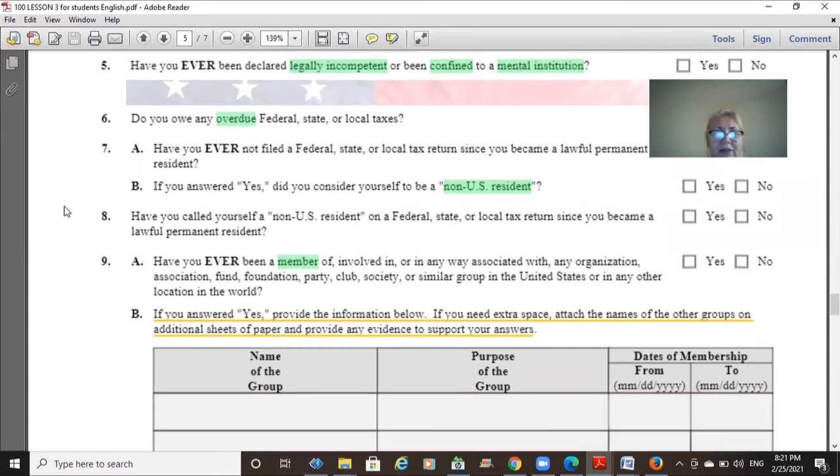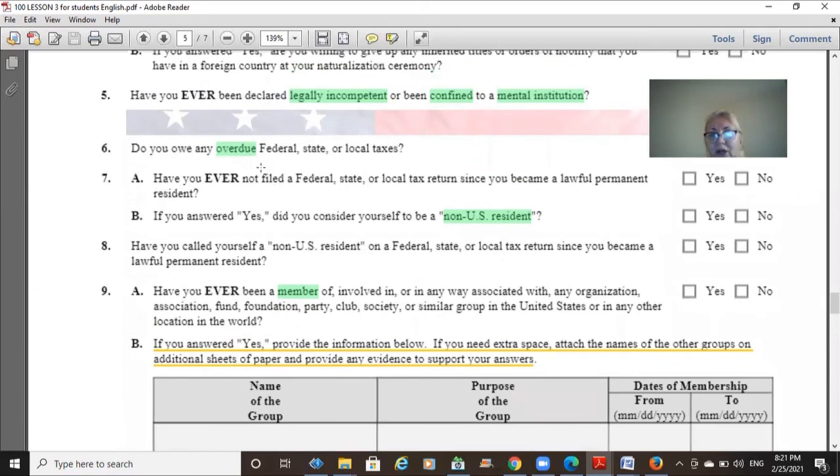Number 7, have you ever not filed a federal, state, or local tax return since you became a lawful permanent resident? And you guys know that whether you are a citizen or not, even when you are a lawful permanent resident, if you have a job, you are supposed to pay taxes.